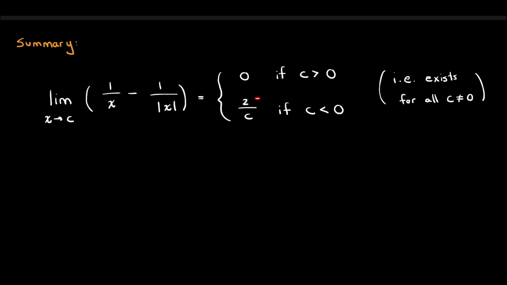It just depends on c. We actually saw that the value is 2 over c. And then the last case was c equals 0, in which case we saw that the limit does not exist. And so to answer the problem, we see that this limit exists for all c that are non-zero, right? For all non-zero c, this limit will exist, and we found the values for that as well right here.